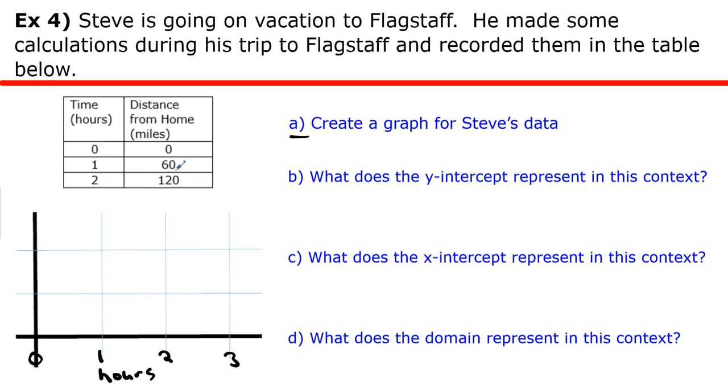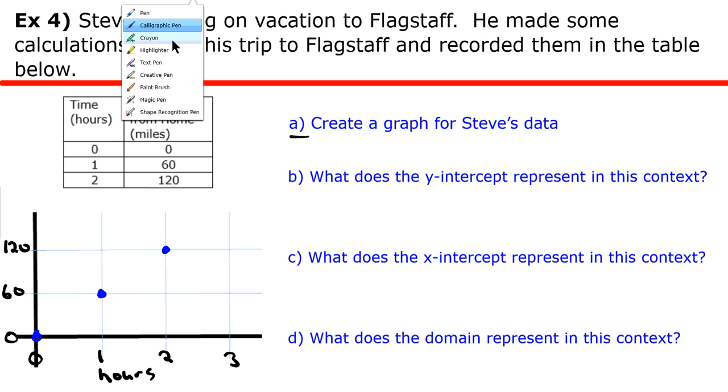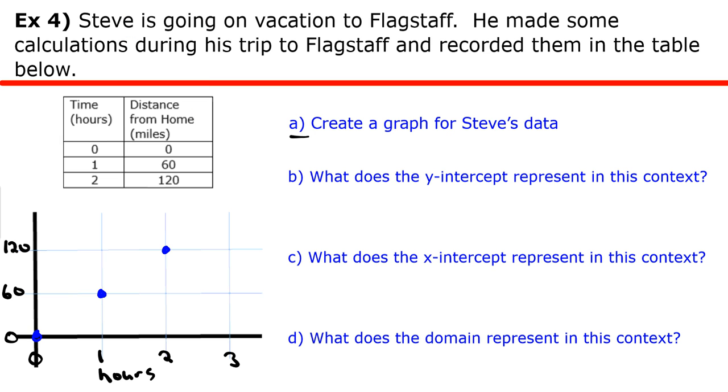It looks like we're counting by 60, so 0, 60, 120. Then we plot our points at 0, 0, 160, and 220, and we get our nice, beautiful line. Once I figure out how to get my line here, there we go.